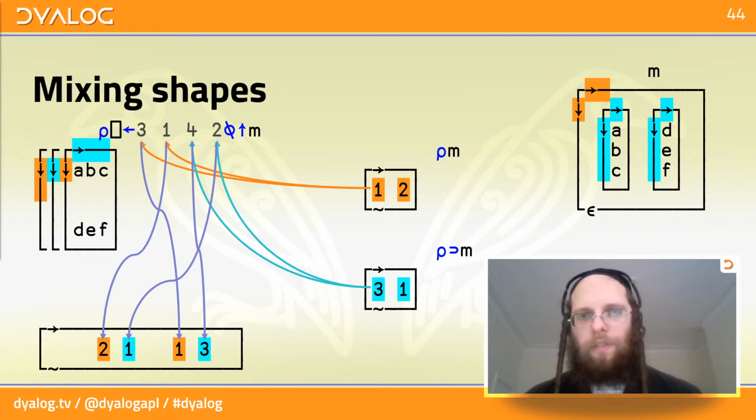And this means that using Dyadic transpose allows us to, in one operation, both place the inner x's where we want them to go, and place the outer x's where we want those to go.